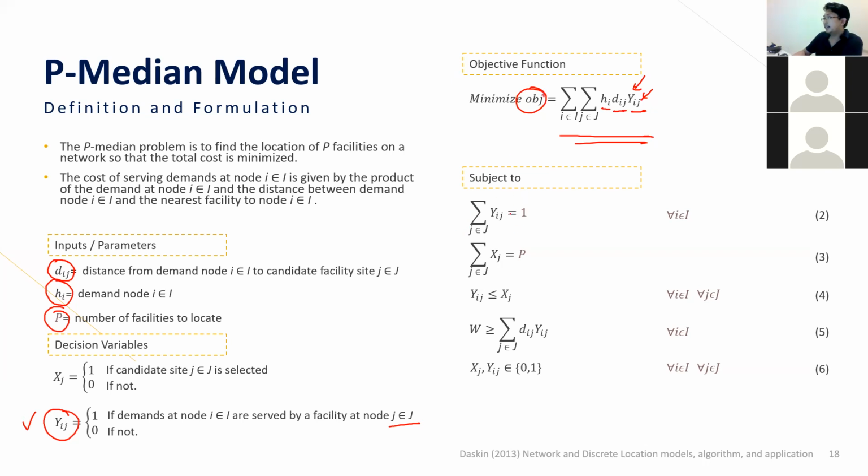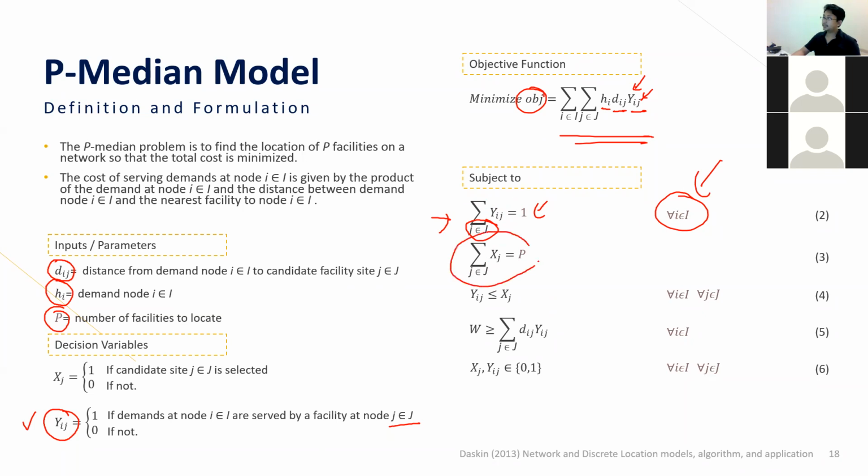Okay, and then to make sure of the constraint that one demand can only be served by one facility, here we need to make sure for all elements i, sigma j of Yij should be equal to 1. It means that only one particular j can serve each customer node.